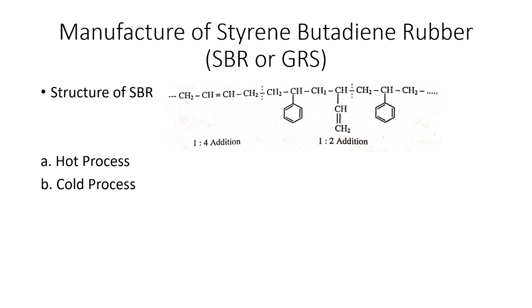Recently, SBR is used for treatment of soil: films of latex sprayed on sand or loose soil prevent erosion by wind, and also let plant seeds germinate without being washed or blown away. Okay, so these are the various uses of this synthetic rubber, that is SBR.